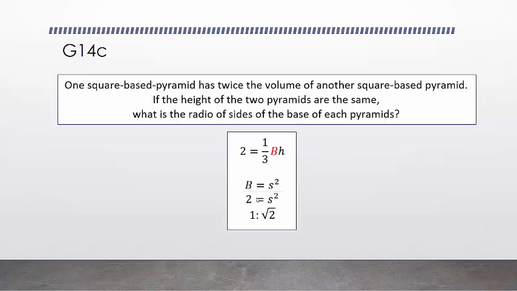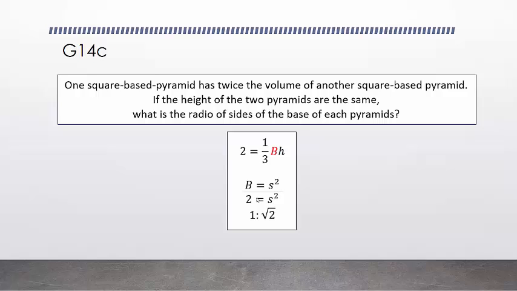So we want b to double, and because we know the base is square, both sides are equal, so we get s squared.